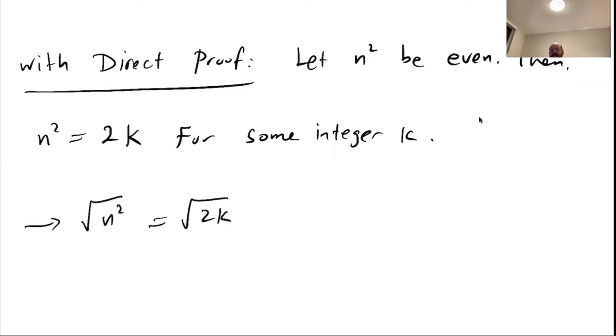Now, how can I know whether square root of 2k is odd or even?